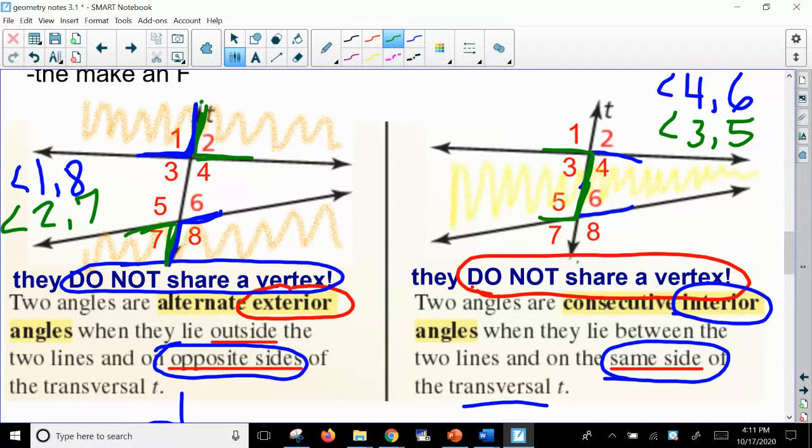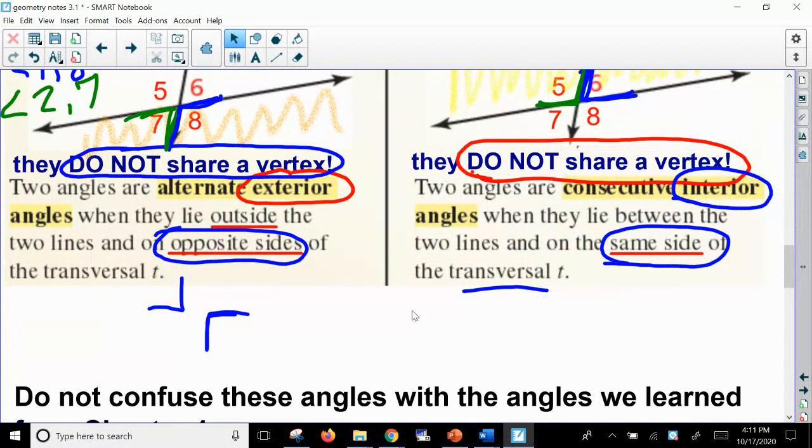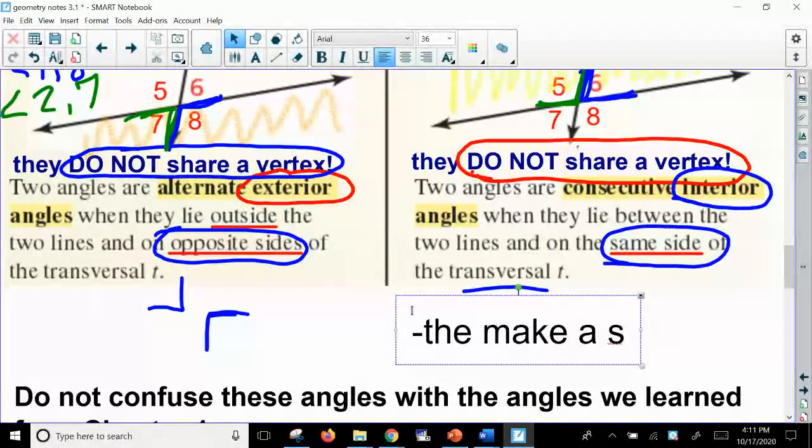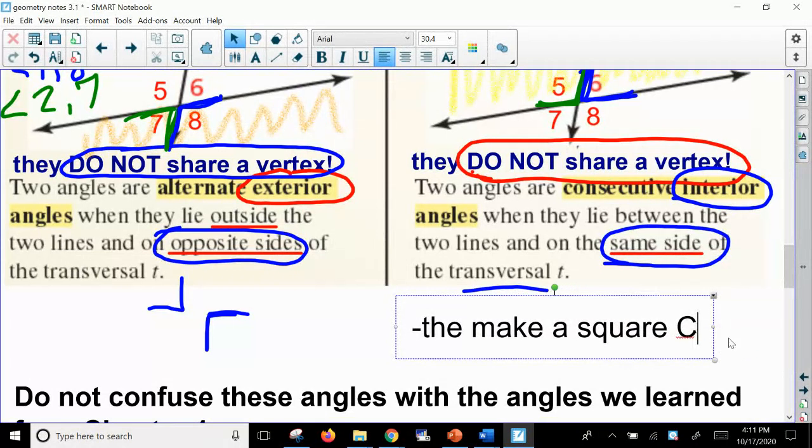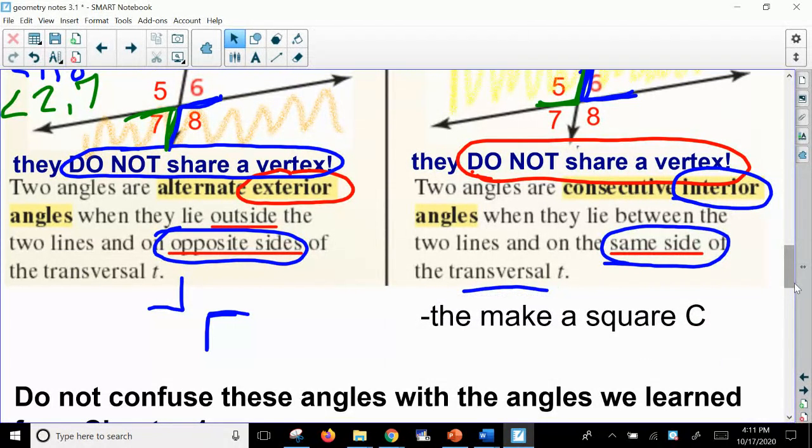When I trace angle 3 and 5 and angle 4 and 6, to me they look like a square C. So I'm going to put that as a little nugget, that they make a square C. The consecutive interior, they make the square C. So let's review.